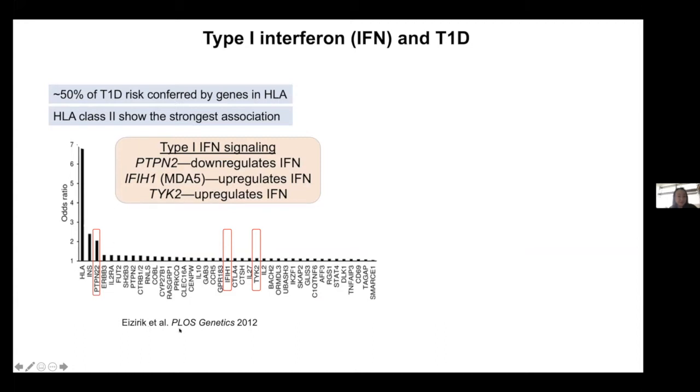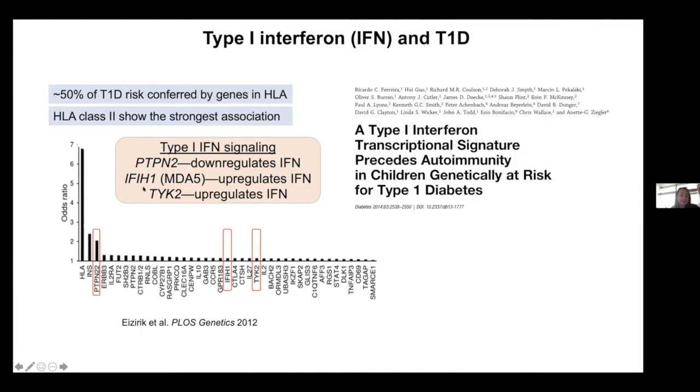So many of you have seen this list of genes, risk genes associated with T1D, certainly HLA, but also in the last 10, 15 years, a number of other genes have been identified largely through GWAS, and these include innate immune sensors such as IFIH1, which detects double-stranded RNA, and other genes important in interferon signaling and regulation.